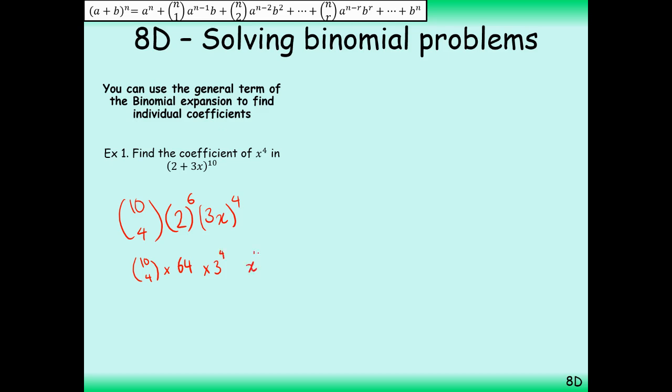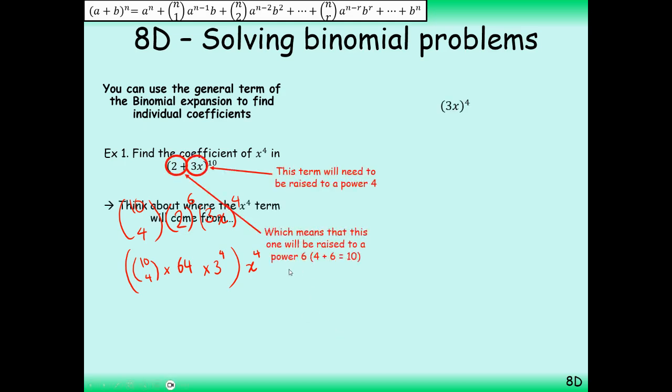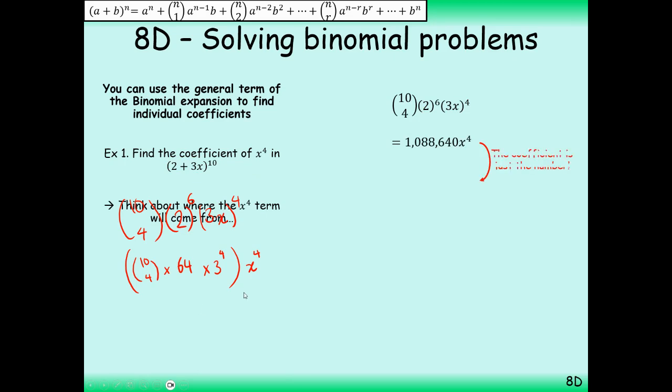So that would be x to the power of 4. The coefficients, remember in the first few lessons I said we've just factorized the x to the power of 4 and you realize the rest. Okay, so final answer should be that number there, 1,088,640. Okay, I hope that was helpful.